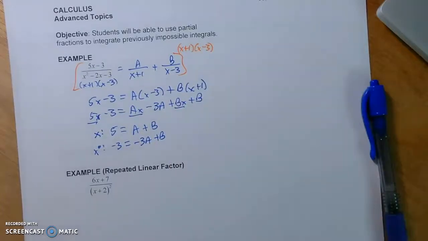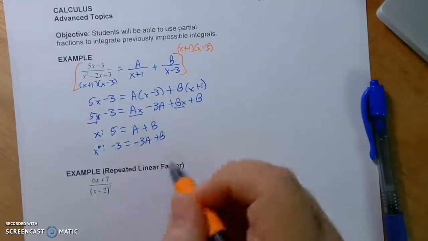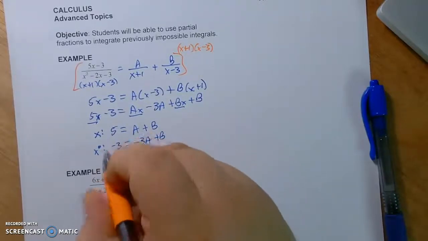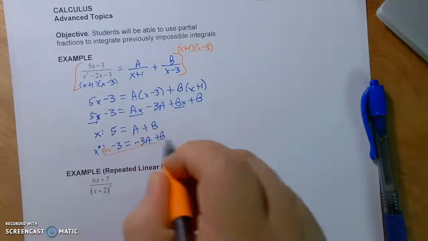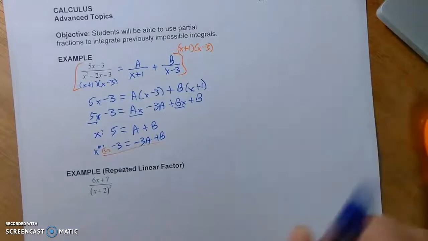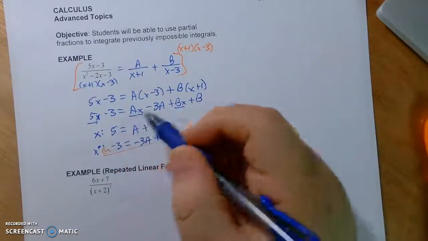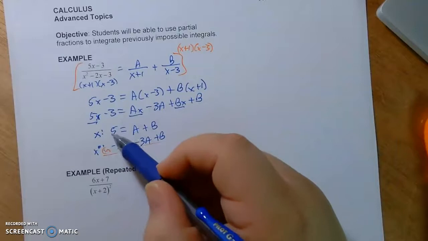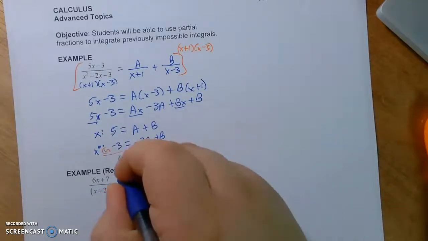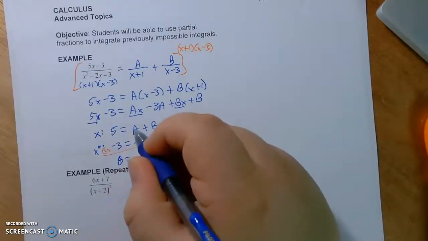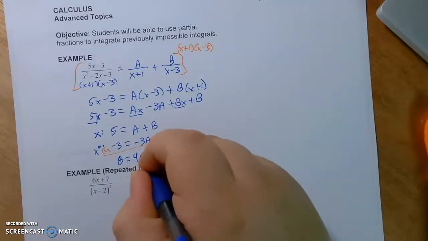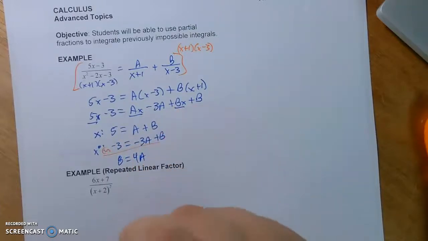Now we've got a system of two variables, two equations. I'm going to subtract the bottom from the top, however that's worded correctly. 5 minus negative 3 becomes 8. A minus negative 3A becomes 4A. B minus B becomes 0.